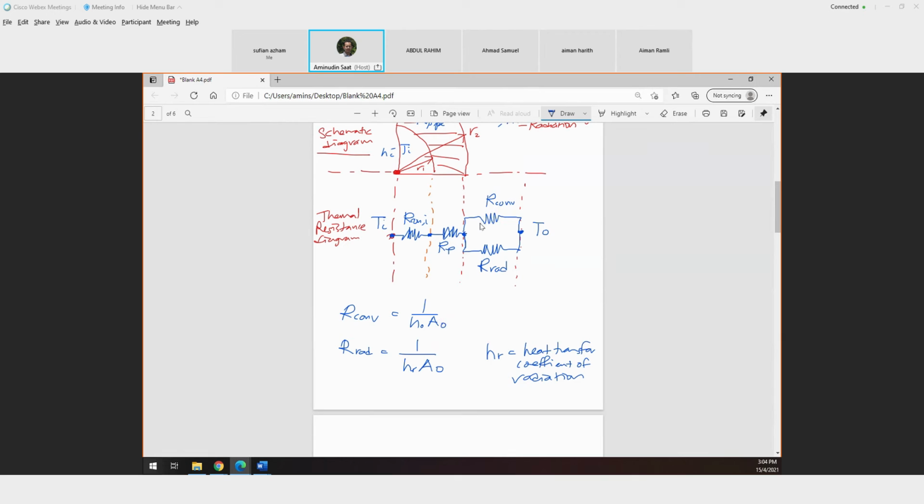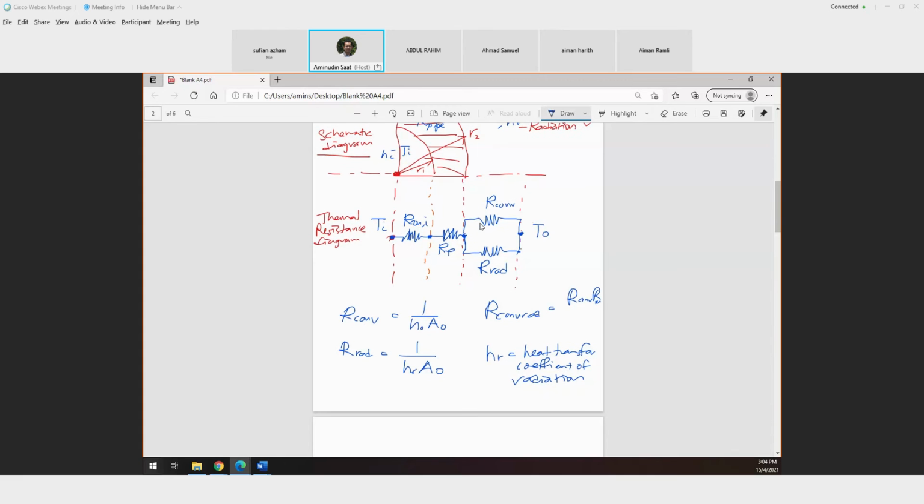Then you can find the equivalent resistance of the convection and radiation. R convection-radiation will be R convection multiplied by R radiation, divided by R convection plus R radiation. Same as R1 and R2 equivalent resistance.